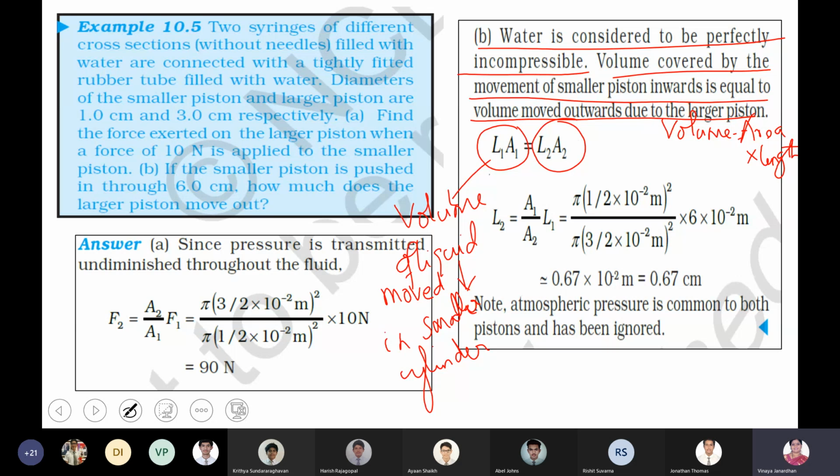Yes, okay, boys. And now you calculate L2. What is this volume of liquid moved up in the larger cylinder?